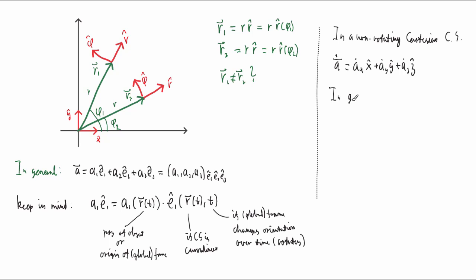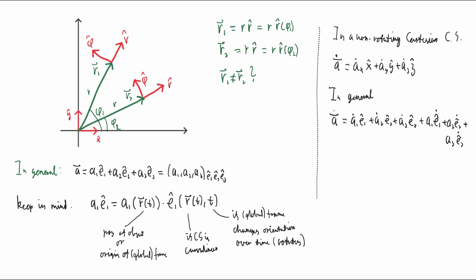But in general, we have that the time derivative of the vector A is A1 dot E1 hat, etc., plus A1 E1 hat dot plus A2 E2 hat dot plus A3 E3 hat dot. So the unit vectors themselves can have a time dependence, and that's something that we have to take into account when we work in curvilinear coordinate systems.